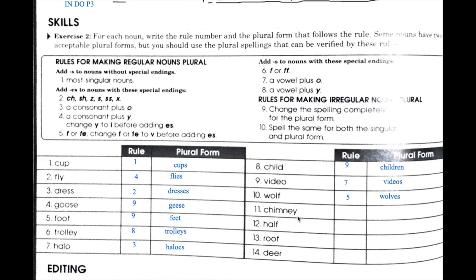Chimney. Chimney is a vowel E plus Y, EY. So that's rule number 8, a vowel plus Y. So for a vowel plus Y, it says we just add S to the end. So chimneys.